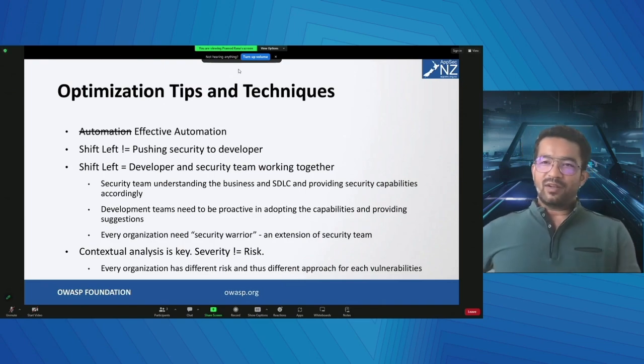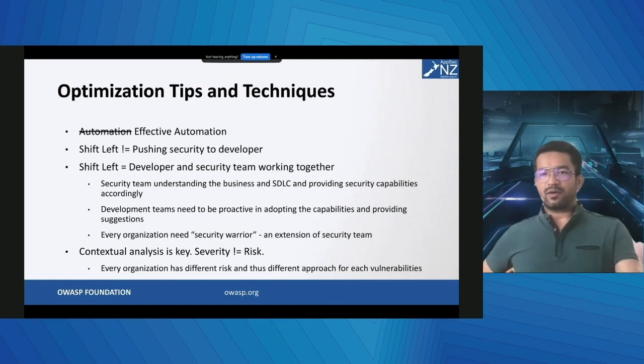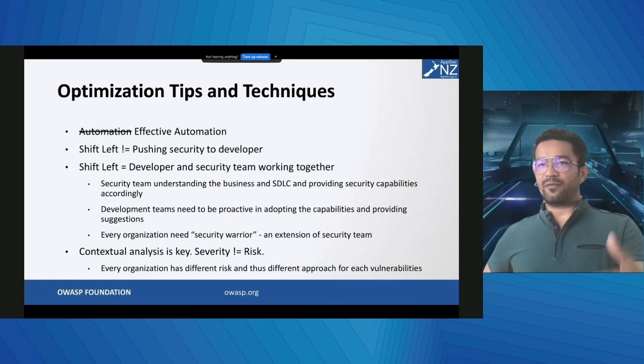One example of this, I keep telling my team, is that if you are taking more time in writing automation than it takes to do it manually, then you are missing the point. So when we say automation, it has to be an effective automation. It has to make the team more efficient.